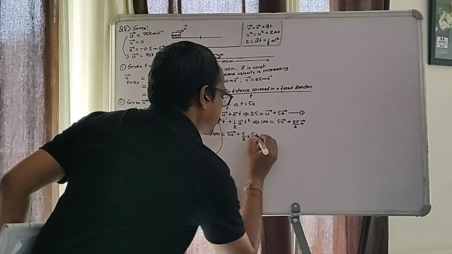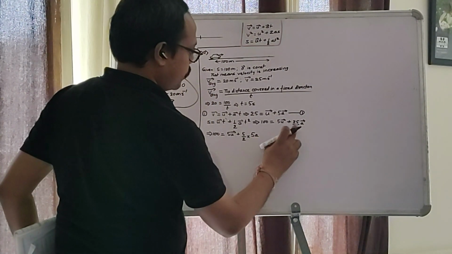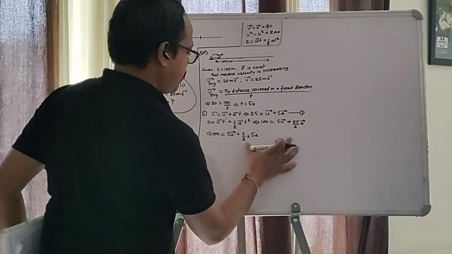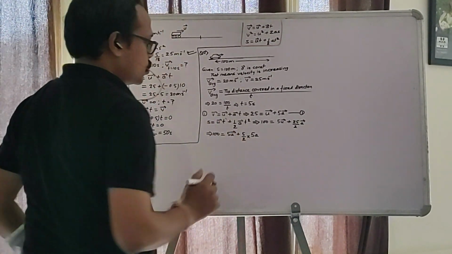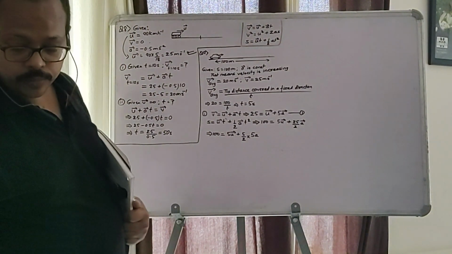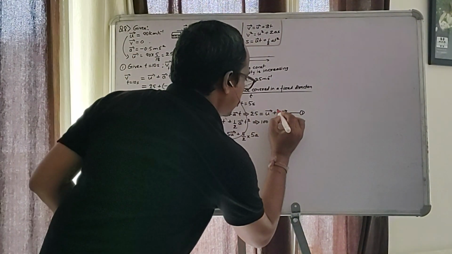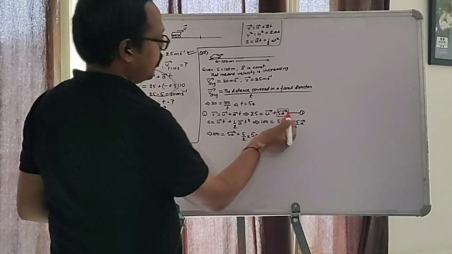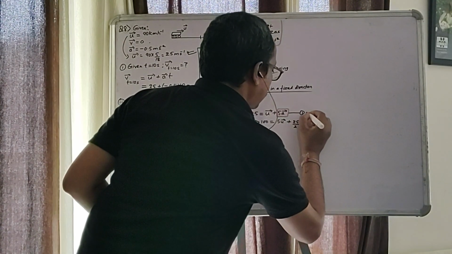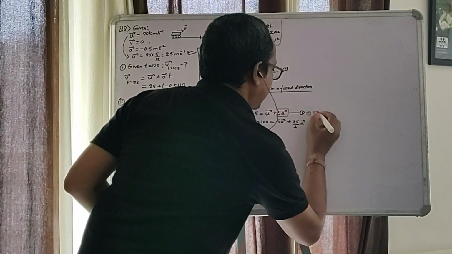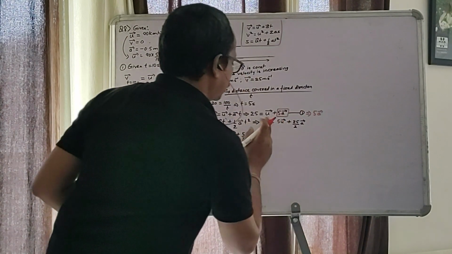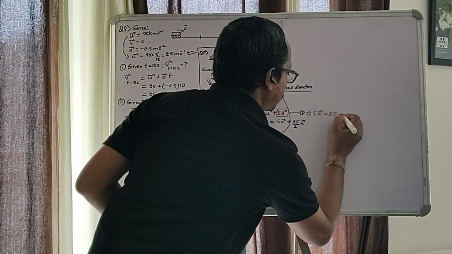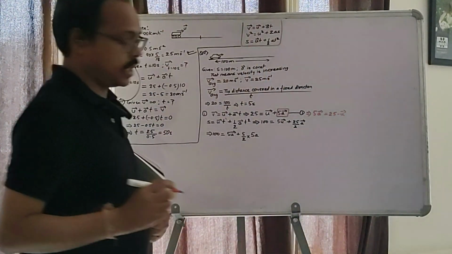I have just split this term so that I can use this value 5a from equation 1. From equation 1, the value of 5a is equal to 25 minus u.